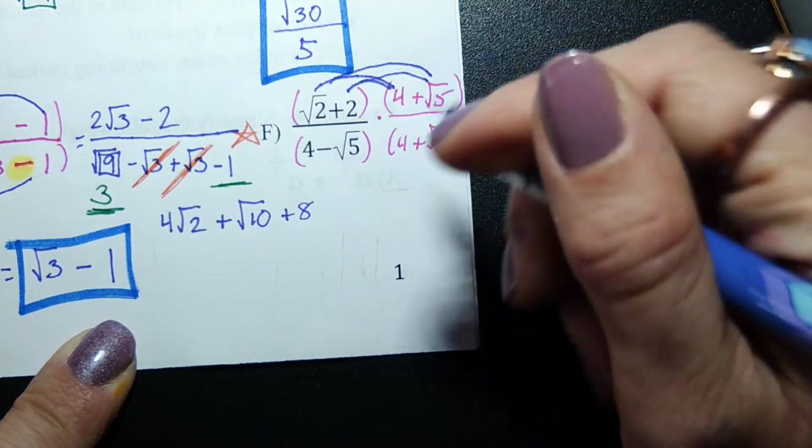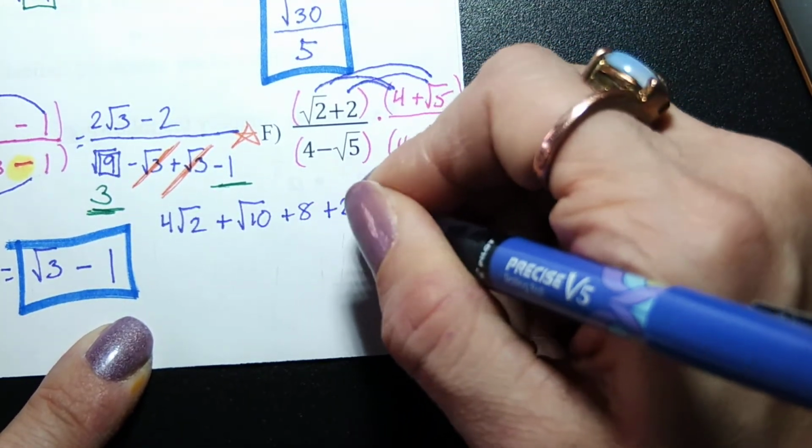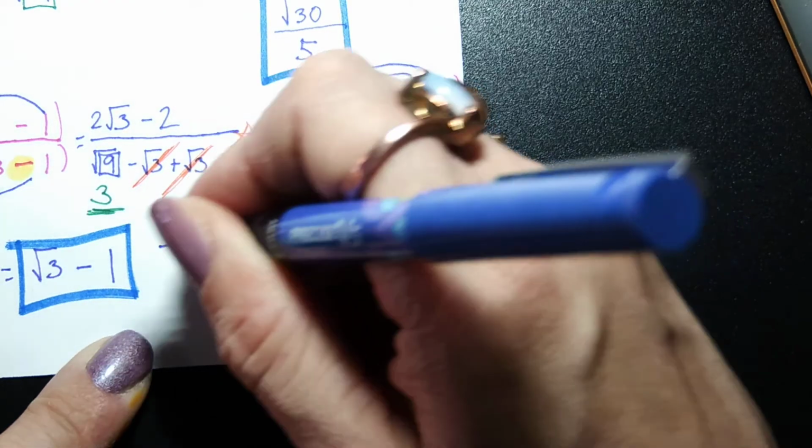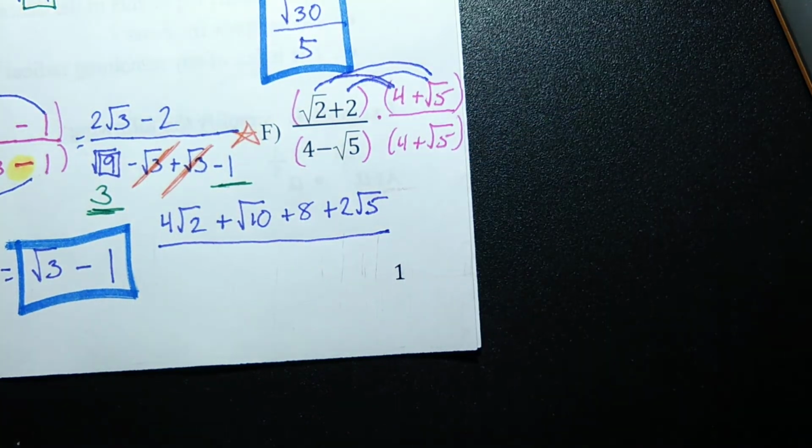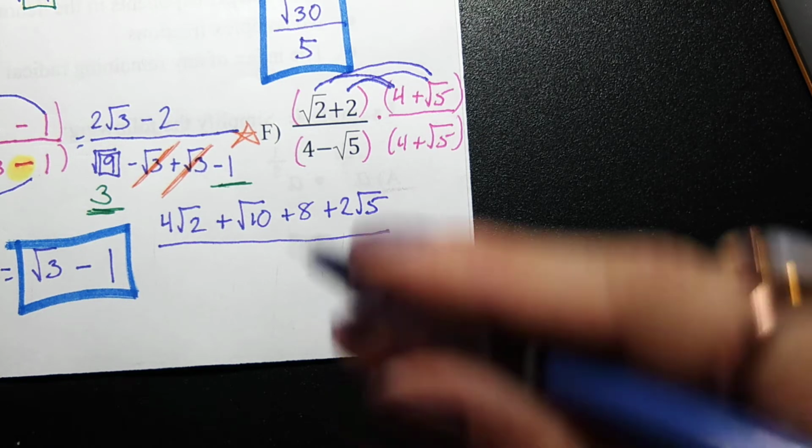And last terms, 2 times rad 5, 2 rad 5. We look at that top. Are there any radicals we can simplify? Let's see. Nope. Do we have any like terms or like radicands? No. So the top is good as is for right now.